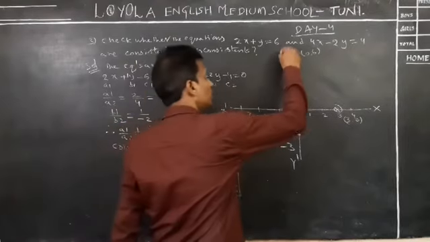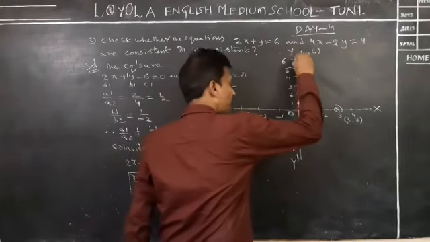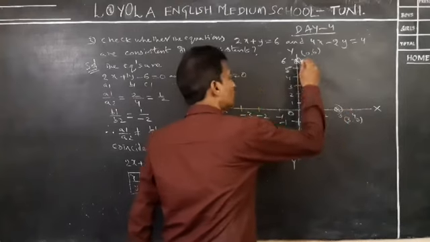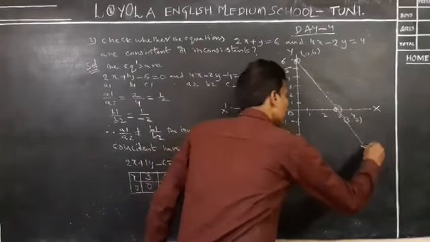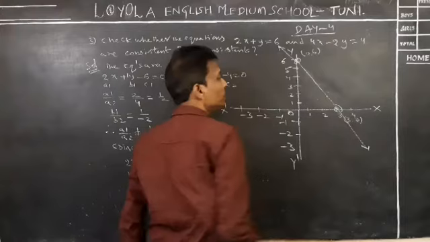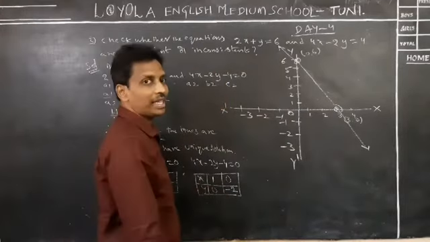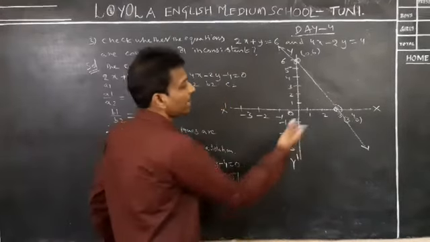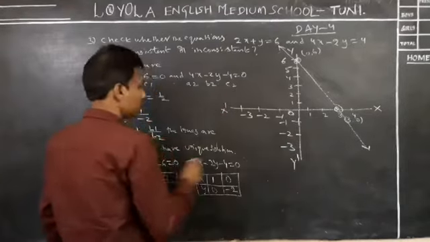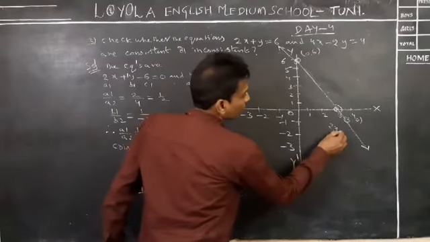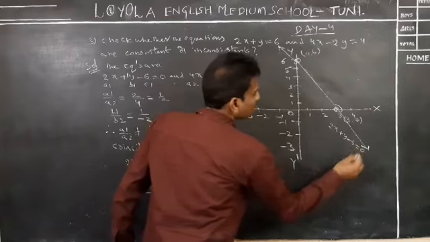Through these two points we have to draw one straight line. So better you give the name of this line. The name of this line is 2x plus y minus 6 equal to 0.